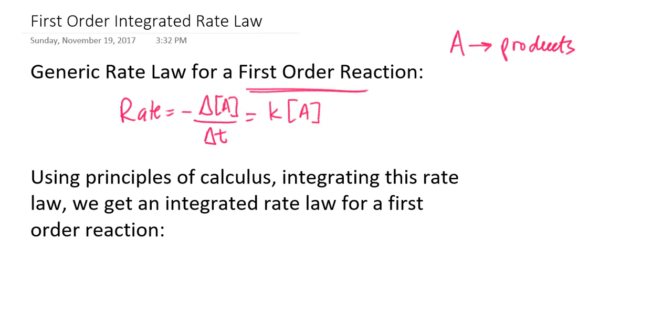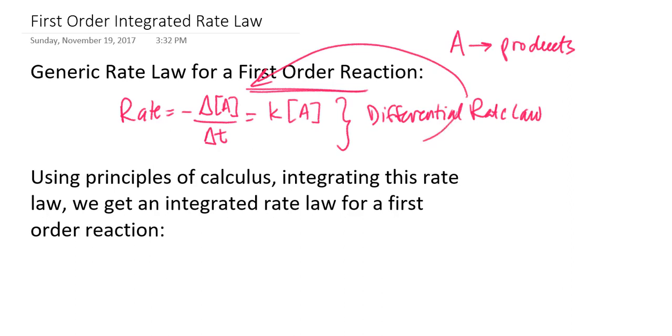Now, this type of rate law is actually called a differential rate law since it expresses a change in concentration versus a change in time. This is useful for seeing the effect of concentration on rate, since concentration is explicitly stated in the mathematical expression all the way over here on the right.